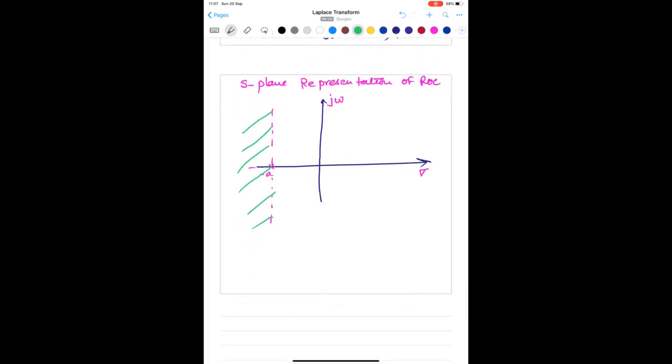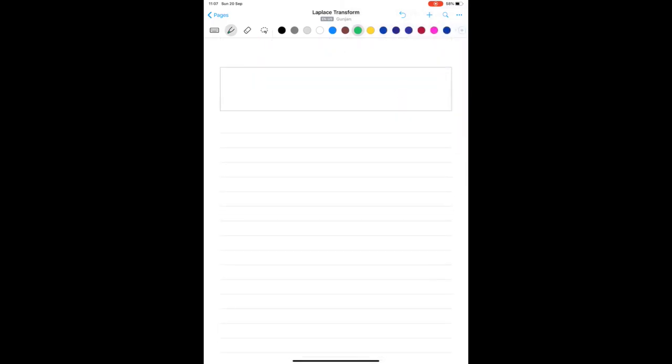Now at this point I want you to try two more signals with a similar form. So you will have x of t equals e raised to the power at u of t, and x of t equals e raised to the power at u of minus t.